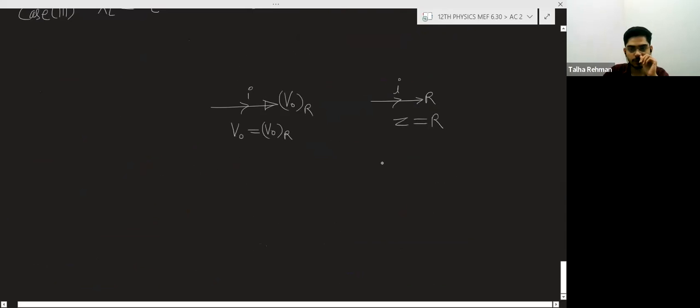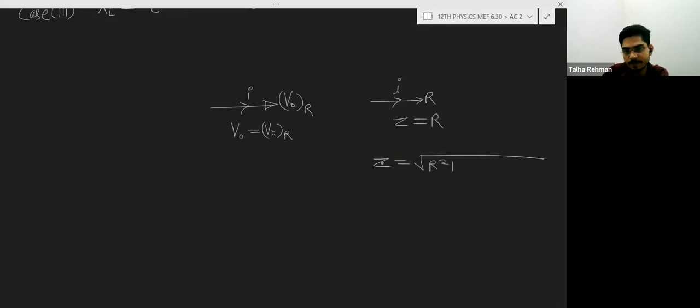R. You can use this formula also for calculating Z: Z is equal to the square root of R square plus XL minus XC square, or you can write XC minus XL square also, because this is a square, so there is no difference between XL minus XC square or XC minus XL square.